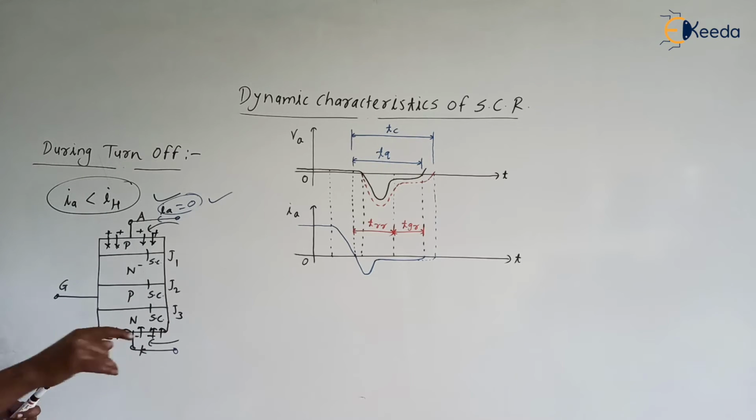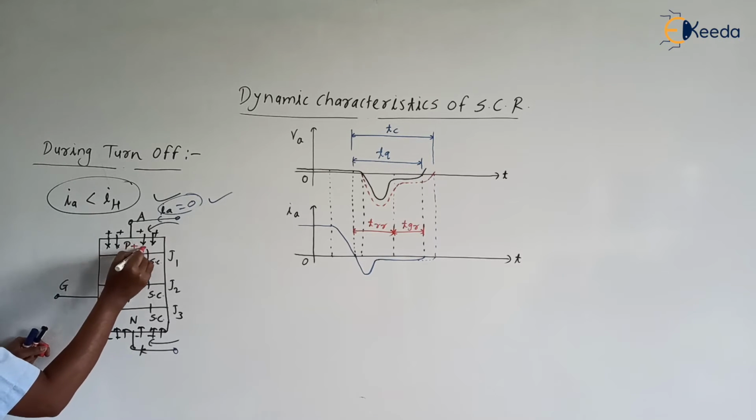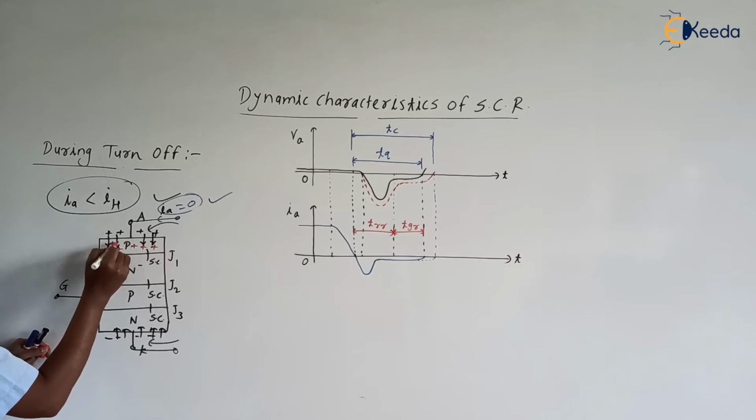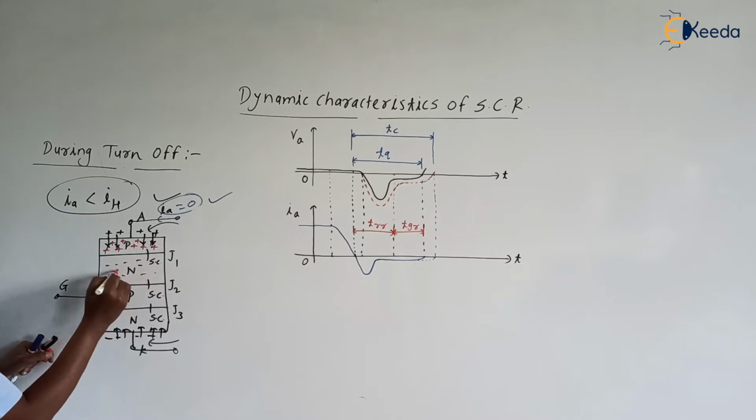So only by making IA less than the holding current value, it is not sufficient to make the SCR able to block the forward voltage. We need to remove the added charge carriers. So what are the added charge carriers? In the p-type layer, the added charge carriers are holes. In the n-type layer, the added charge carriers are electrons.